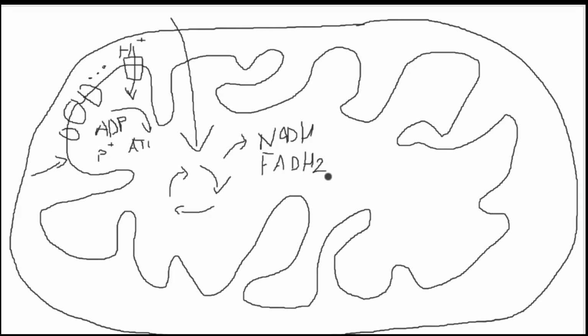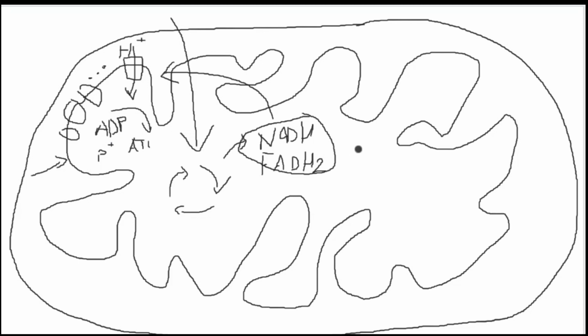And these are then used again for the ATP synthesis, for the transport of electrons to the other proteins. So again, the Krebs cycle is involved in ATP synthesis in some way.